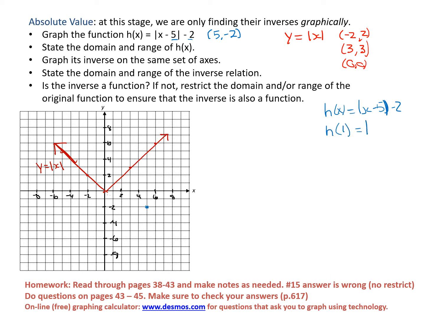I'm going to get absolute value of 1 minus 5, minus 2. So h at 1 is going to be absolute value of -4, minus 2. Absolute value of -4 is a positive 4. So we get 2. So we're going to have the coordinate (1, 2). That's one way to do it. Let me put that on here, (1, 2). But that's really long. I don't want to do it that way.